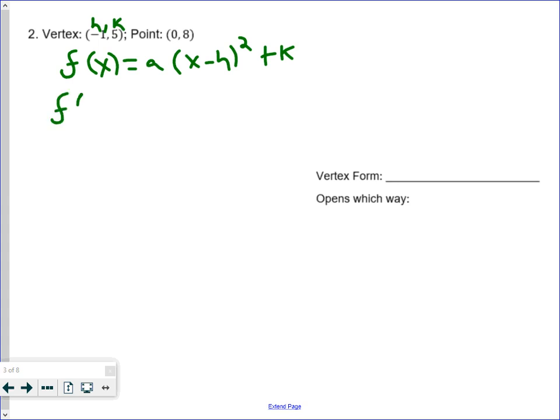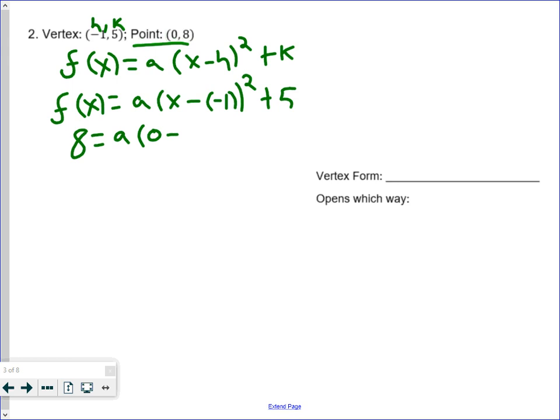We get f of x equals a times x minus our h, which is -1, all that squared, plus 5. Now we're going to plug in our extra point, 0, 8: 8 into the f of x, 0 into the x. So we get 8 equals a times 0 minus -1, all that squared, plus 5.